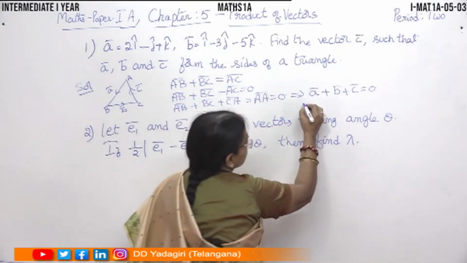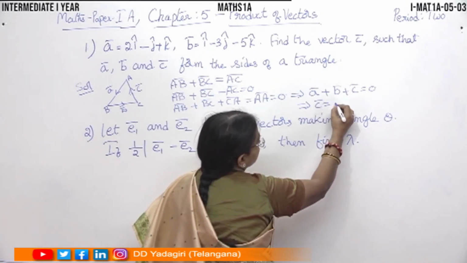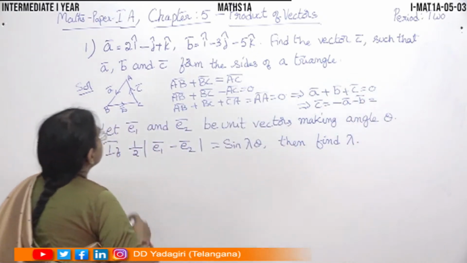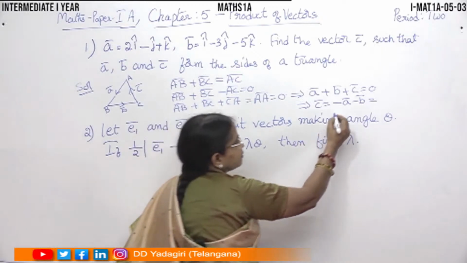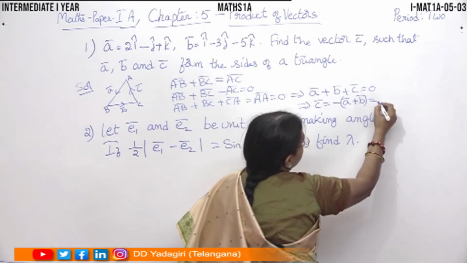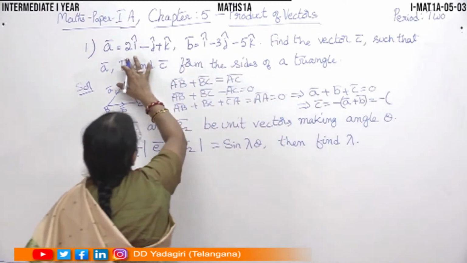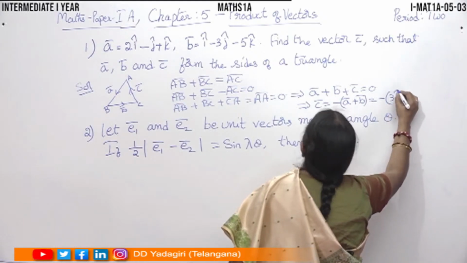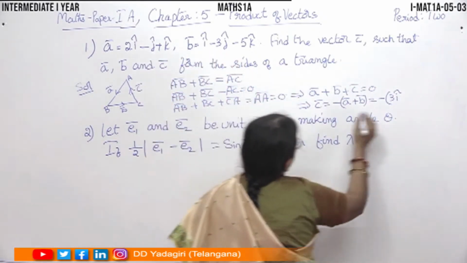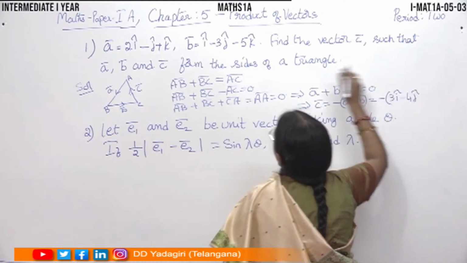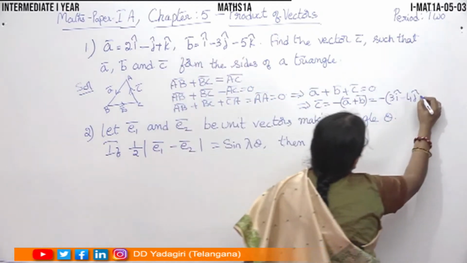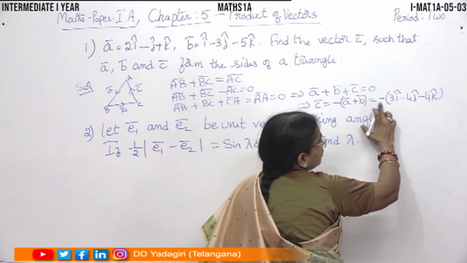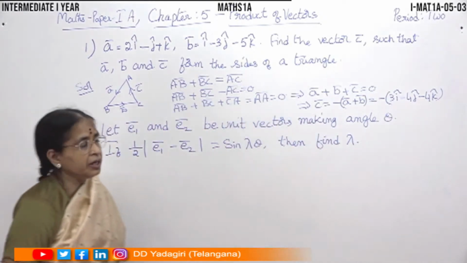So this implies C is equal to minus A minus B, or minus of A plus B. So it is minus of, add these two vectors. So when you add, it becomes 3i and then minus 4j and then minus 4k. So minus 3i plus 4j plus 4k, like that also you can write.